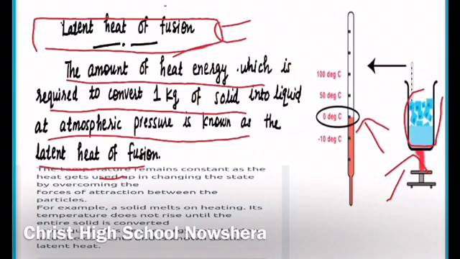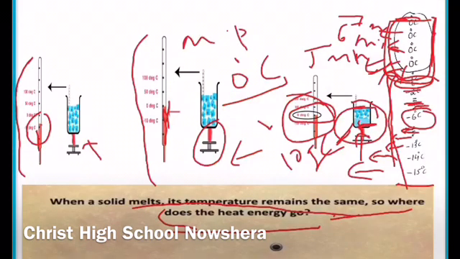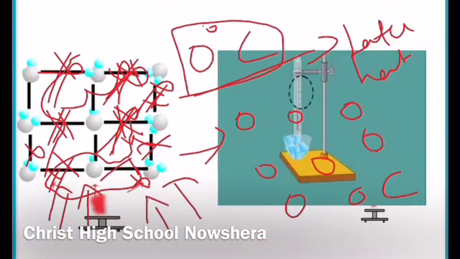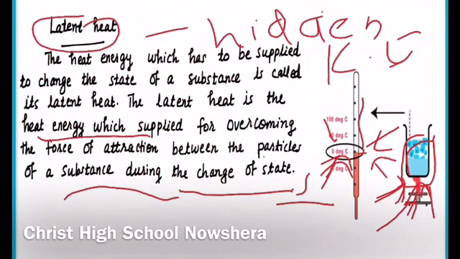Whatever heat is supplied is not used for increasing the kinetic energy, it is used for removing the force of attraction. As a result, the particles will change into the next state of matter. So that's why we say that during change of state of any matter, the temperature remains constant. So this is the concept of latent heat. Thank you.